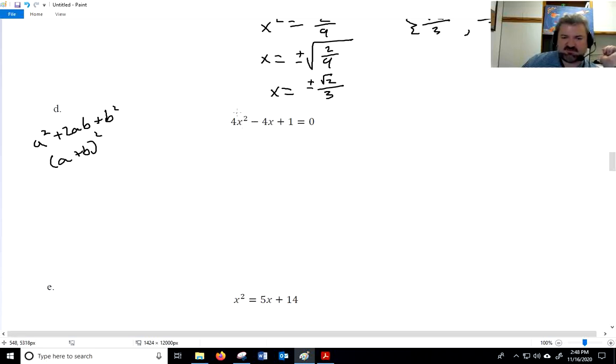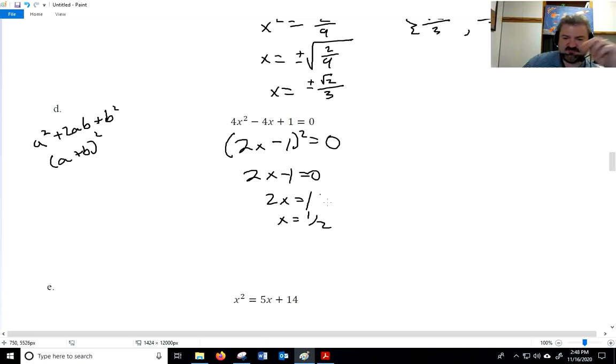My a would have to be 2x, the square root of that. My b would have to be 1. If I multiply the two together, is this double that? Yeah, this is double 2 times 1. So it must be a perfect square trinomial. Take the square root of that, 2x, take the square root of that, which is a 1, and take the sign in the middle. All right, so you can see I only have one factor to set equal to 0, and I get 2x equals 1, so x equals 1/2.